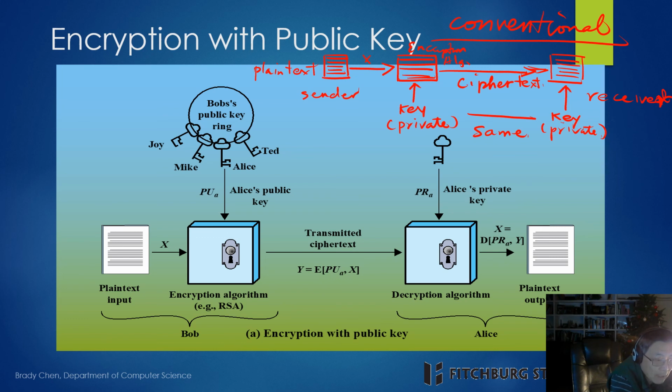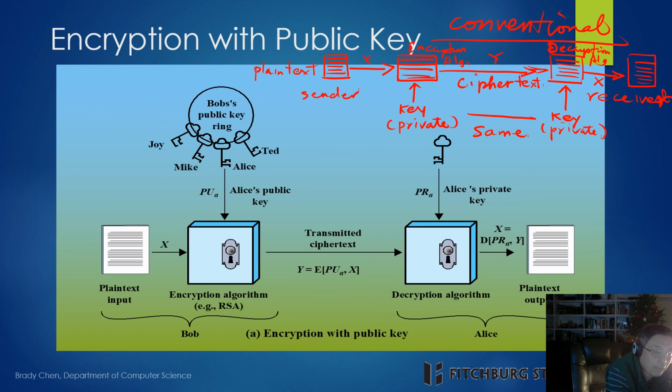These are mixed through the decryption algorithm, and hopefully you can restore the original plain text, so the receiver can read the message. The ciphertext is the encrypted message, which normally we call Y.